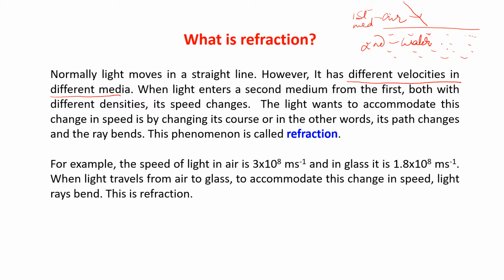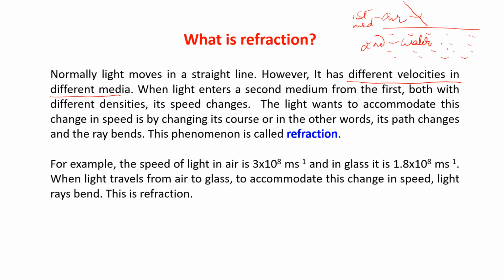So when the light is coming from the first medium and it is entering a different medium, then because of the different densities of the media, the light changes its velocity.